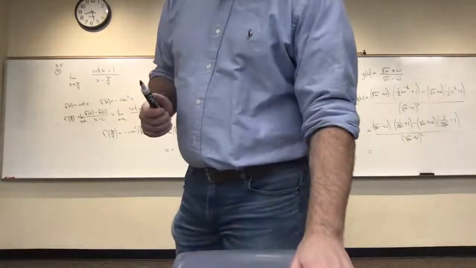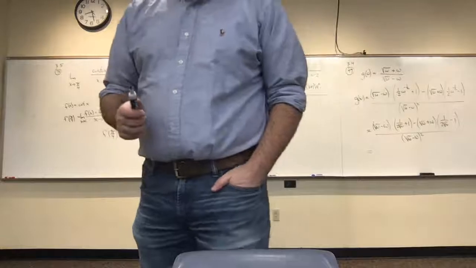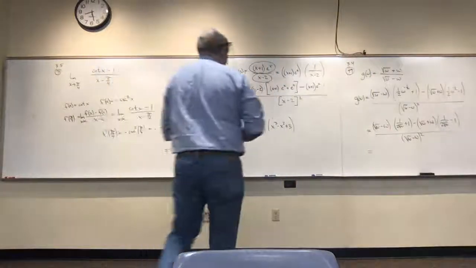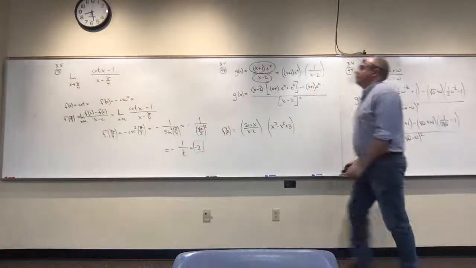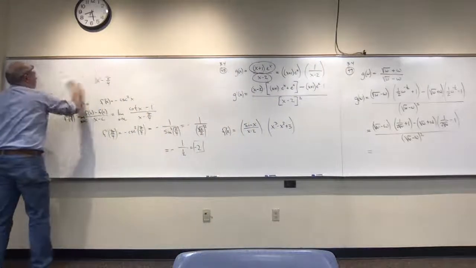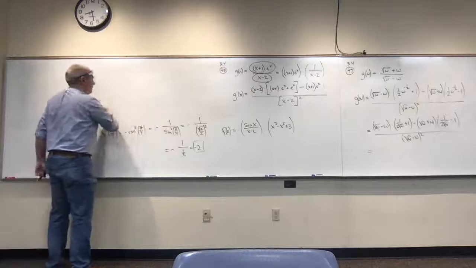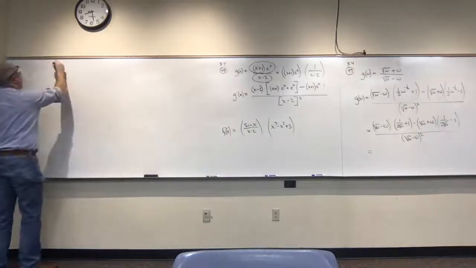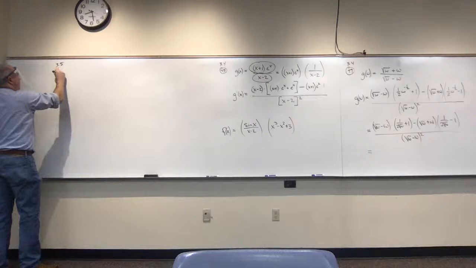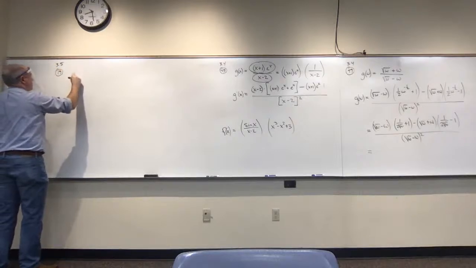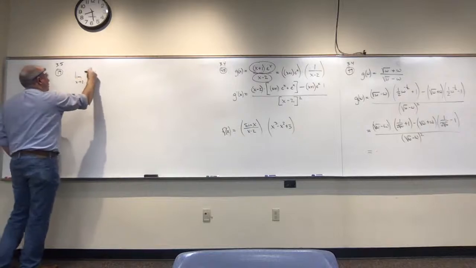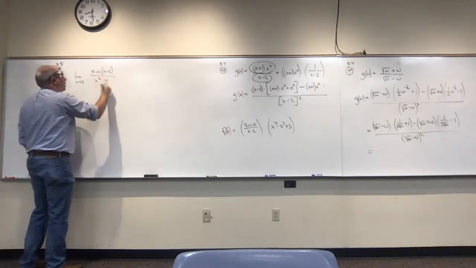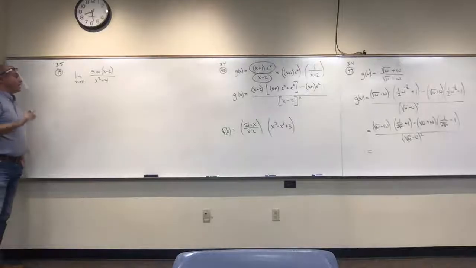So you've got the limit as x goes to 2 of sine of x minus 2 over, I believe it was, x squared minus 4. Yes. Okay, so you have the exact right idea.